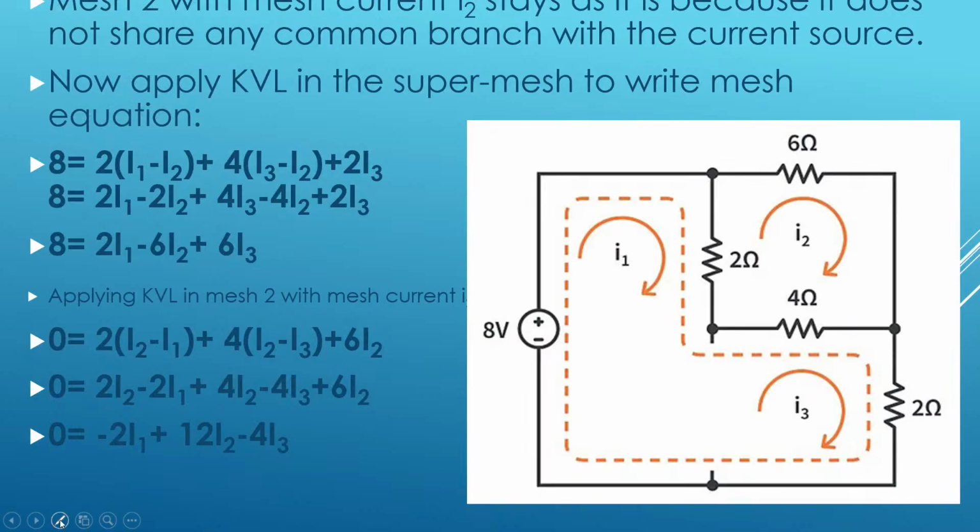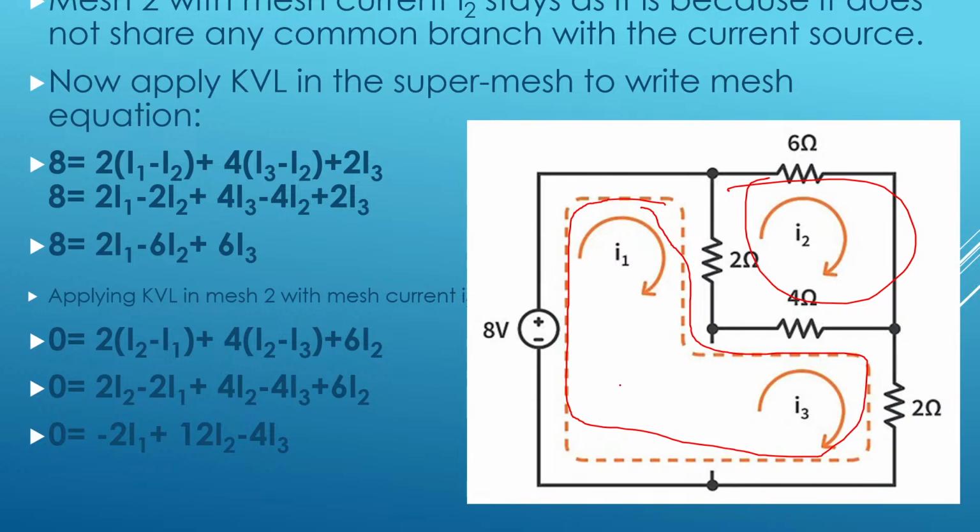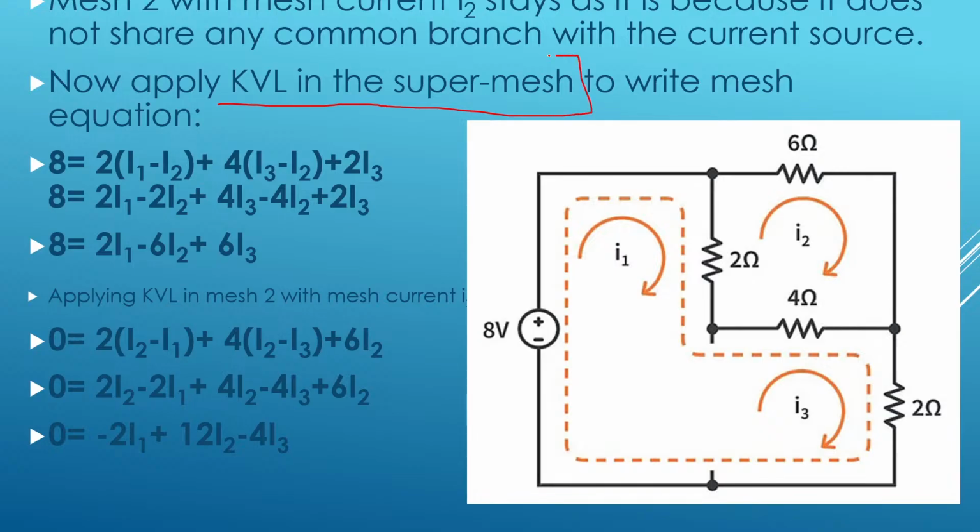So here in this circuit actually 2 meshes are there. This particular mesh, with the dotted line mentioned here, is our supermesh, and this is the normal mesh. Now let us apply KVL. First of all I'm applying KVL in the supermesh, in which I1 and I3 are there.